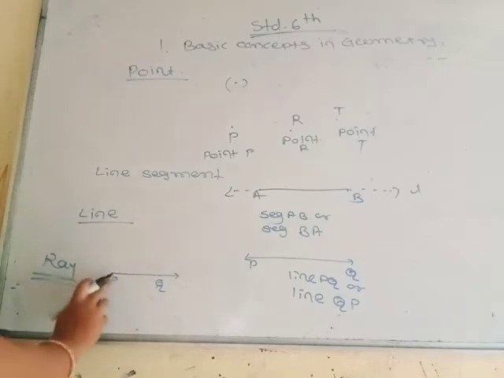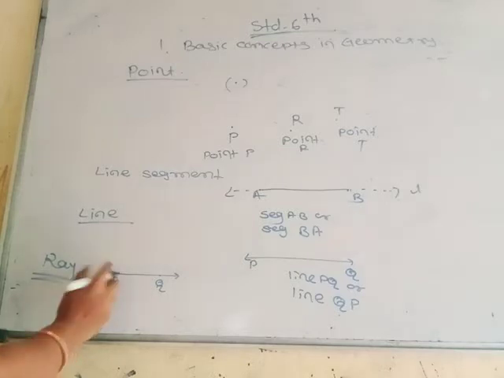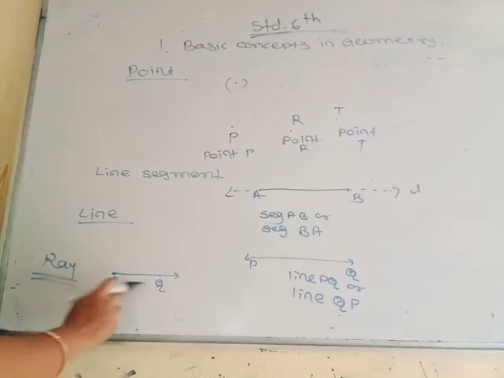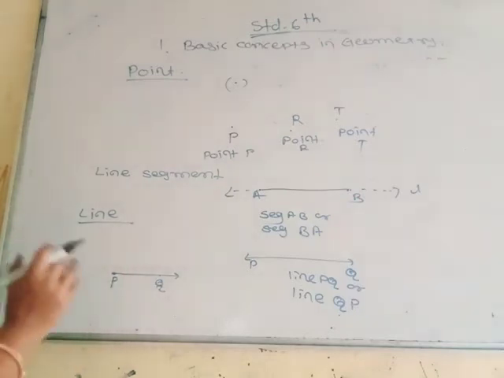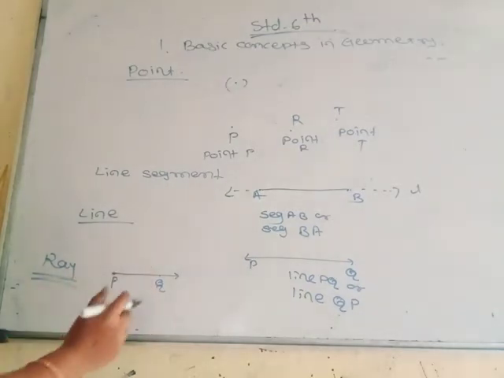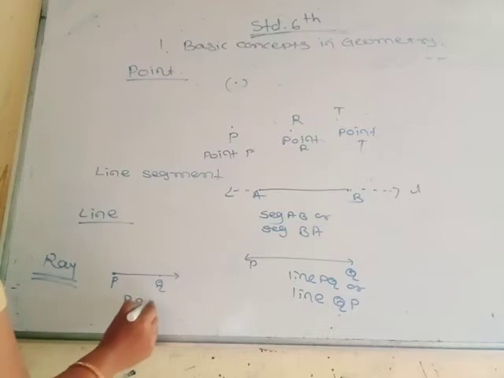The starting point of a ray is called its origin. In the figure, P is the origin of the ray PQ. It is read as ray PQ, not as QP. A ray is read starting from its starting point, so only ray PQ.